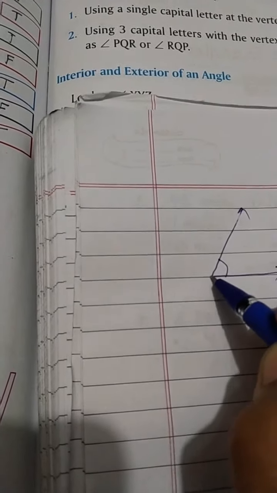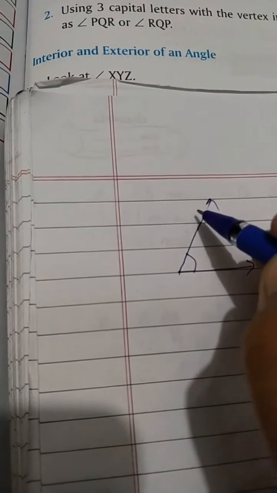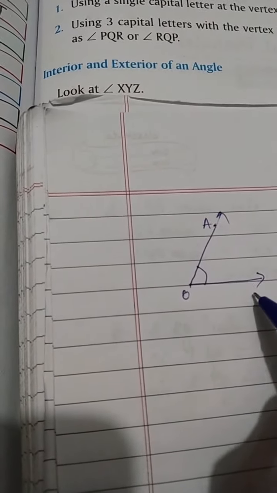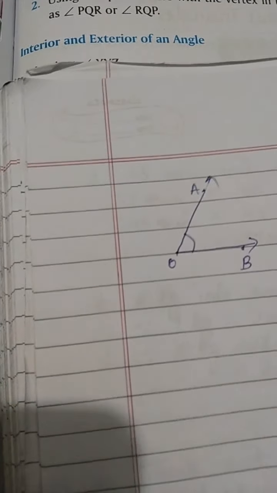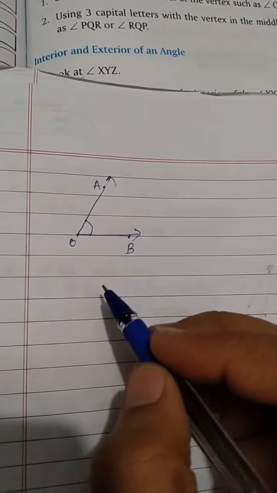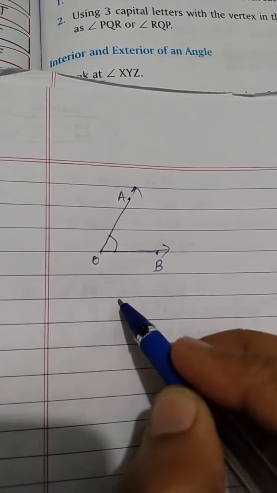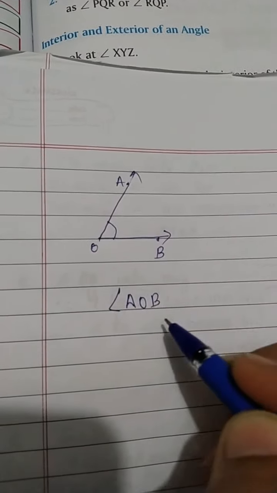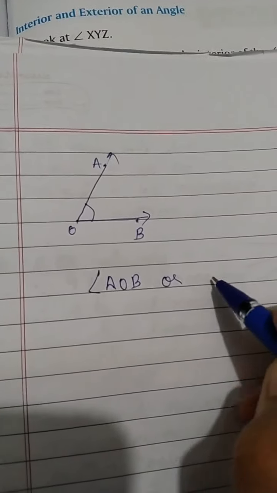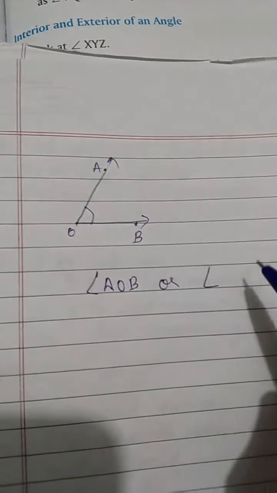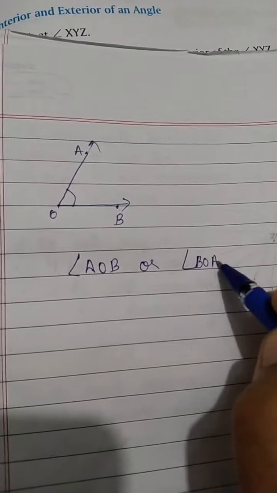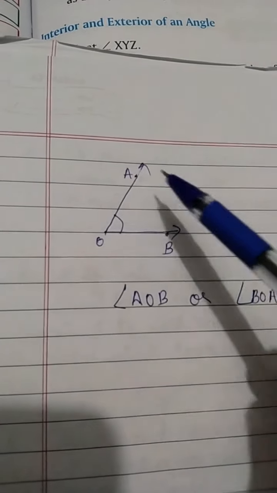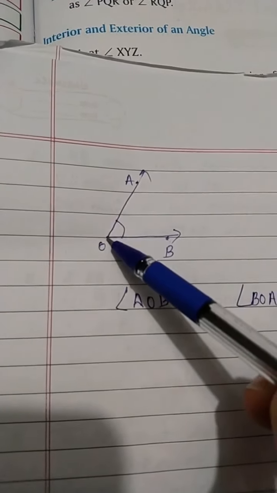I am naming this angle as AOB, right? So, kids, do you know this symbol of angle is this? Angle AOB. It can be said as angle BOA also, because there is no starting and ending point, there is one meeting point.